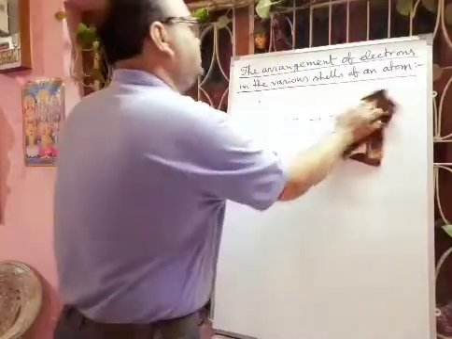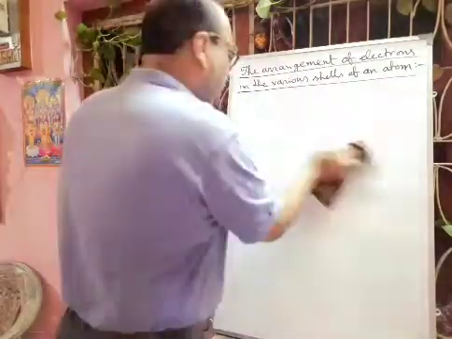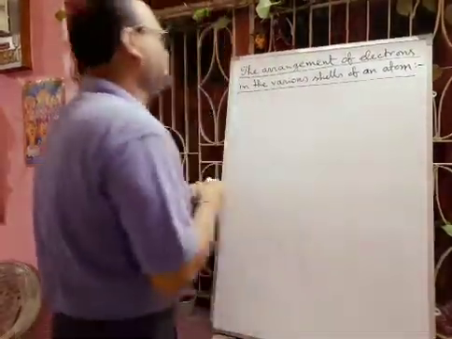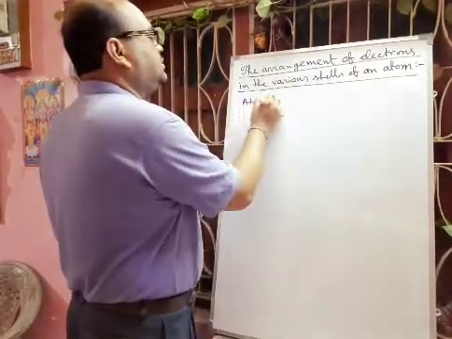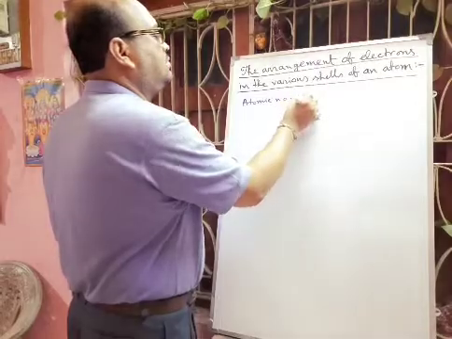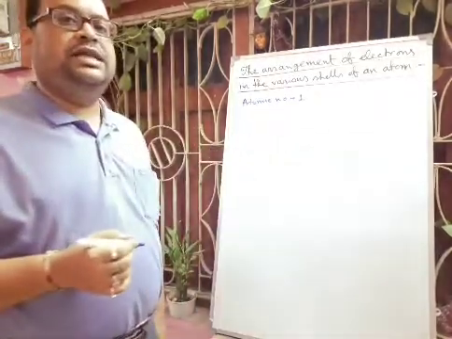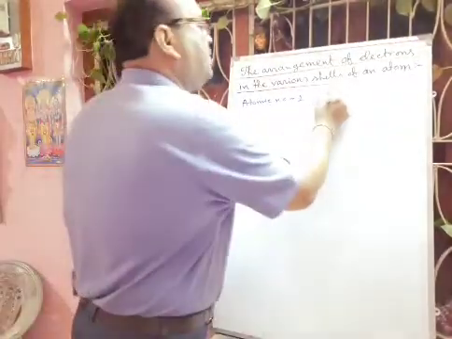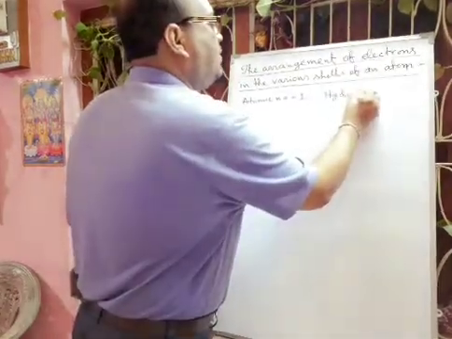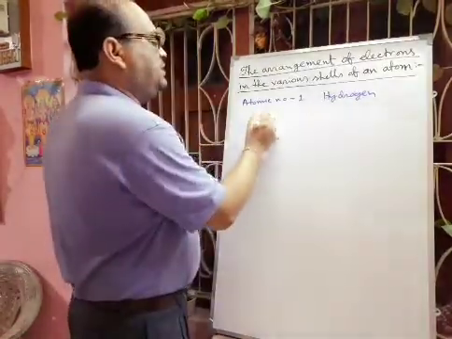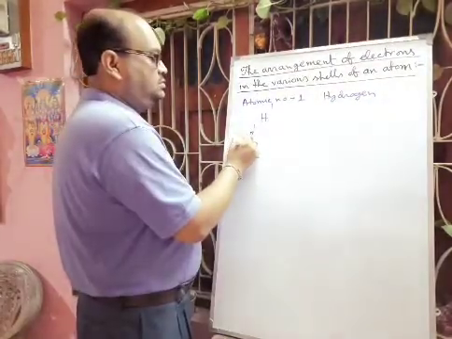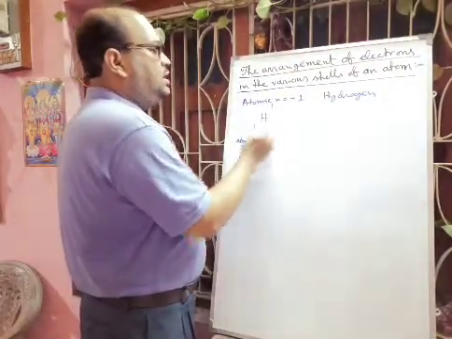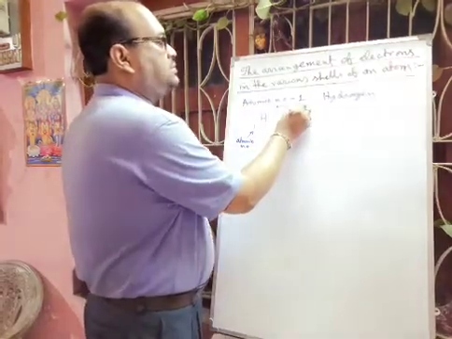First, up to atomic number 20 is there in your syllabus. Atomic number 1 is hydrogen, generally represented by H with atomic number 1 and mass number 1. This one is the atomic number, and this one is the mass number.